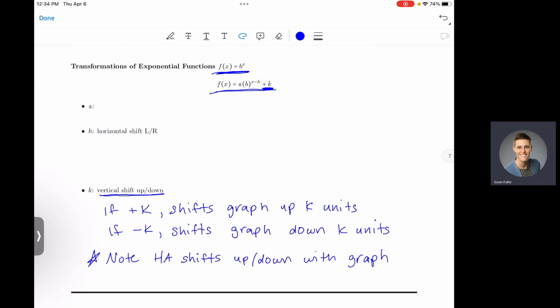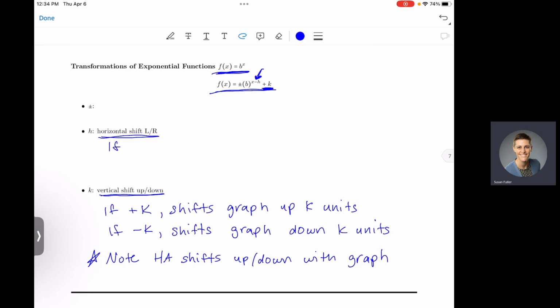What if we add or subtract numbers up here with x? This is just like adding or subtracting inside the function with x. And this is going to shift us horizontally left and right. If we are adding or subtracting inside with x, it's going to go the opposite way you think it will.